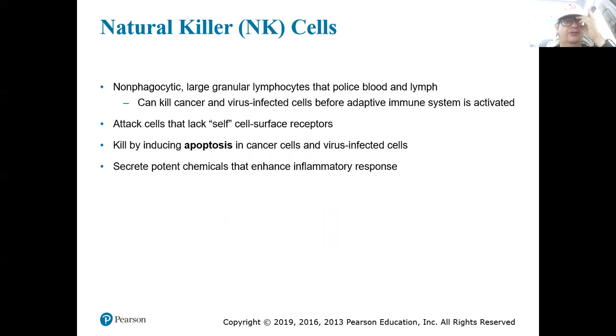Anyway, you also have non-phagocytic cells, large granular lymphocytes that are moving around. These would be the natural killer cells. Natural killer cells have these granules that are full of chemicals that can kill. So, if your body recognizes a cancer cell and knows it's a cancer cell, your body will try to kill it. And natural killer cells are an example of how they would do it.